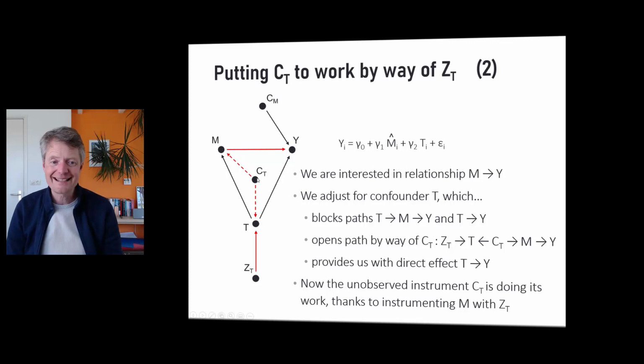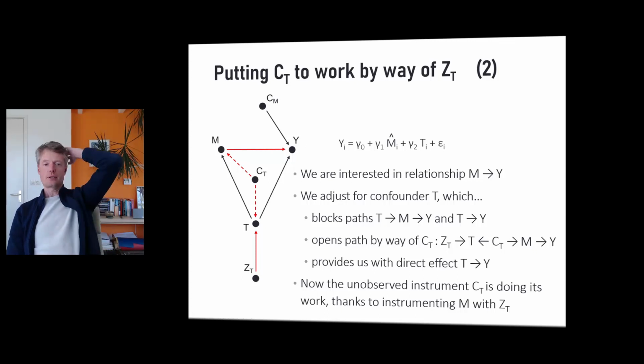So CT and CT now become directly related because we adjust for T. But that's exactly what we want, because then we open this path CT, T, CT, and Y, i.e. CT acts as a way of triggering this implicit instrumental variable CT, and as a result we get as good as random variation in M, which is wonderful obviously, because then we can actually identify the effect of M on Y. Right, so that is the way it all works.